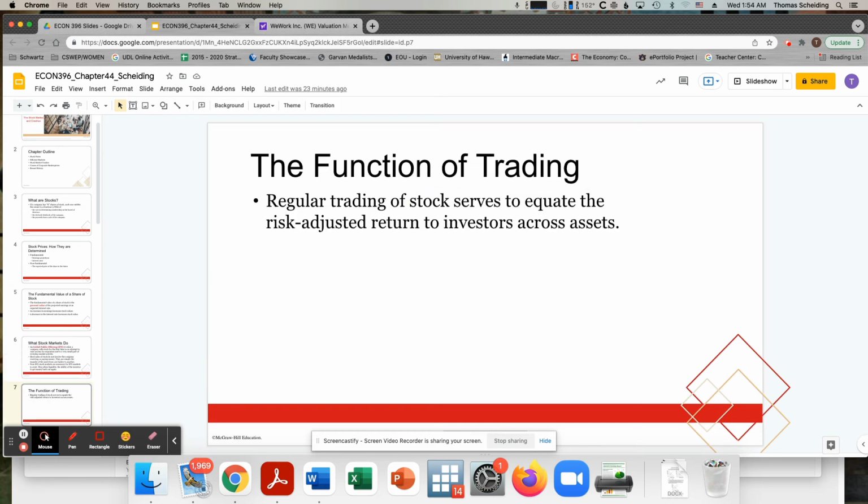What the trading of these stocks over time does is it ensures that the riskier nature of some stocks is reflected in their share price, if you're willing to take on that risk. In this case, WeWork is deemed pretty risky because it's lost half its value.